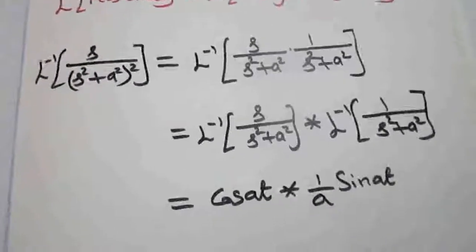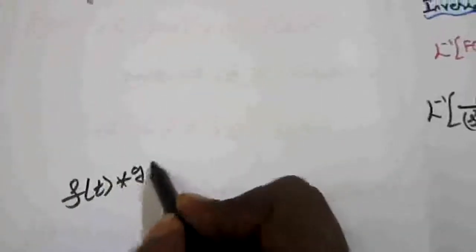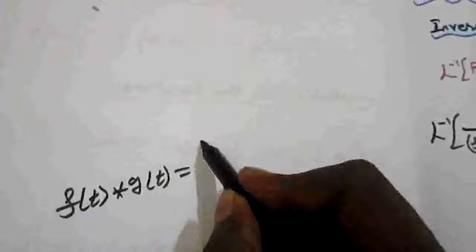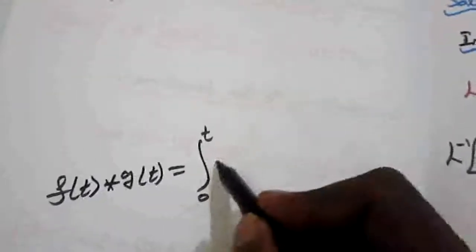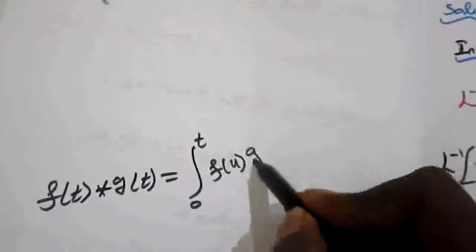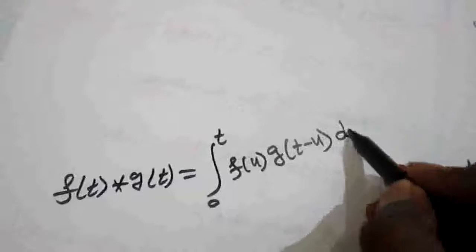You know the formula for the convolution of two functions; already we discussed this. f(t) star g(t) is the integral from 0 to t; as I told you, in the first function t is replaced by u, so f(u) into g(t minus u), where in the second function t is replaced by t minus u, into du.